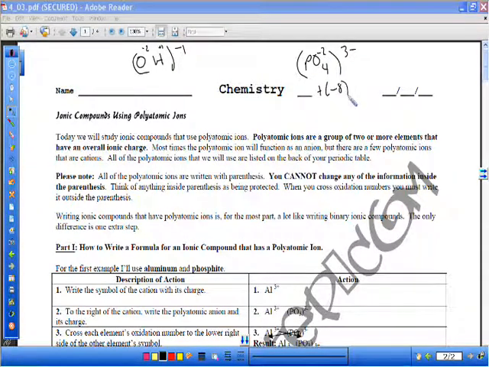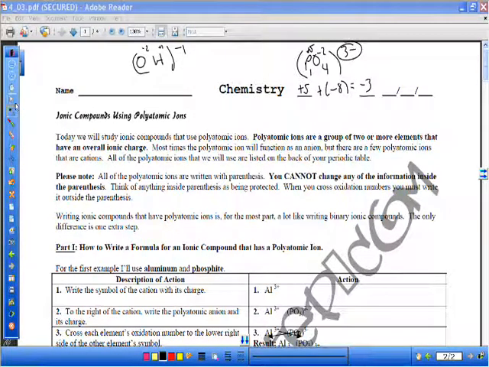And we need this to equal -3. It's just solving for x, so since there's one phosphorus, this has to be a +5. Because this is a +5 and this has a -8 charge, we're going to have an extra 3 electrons. So that's where we get the actual charges on the polyatomics.